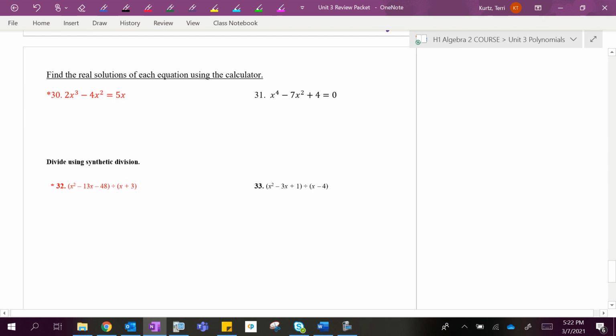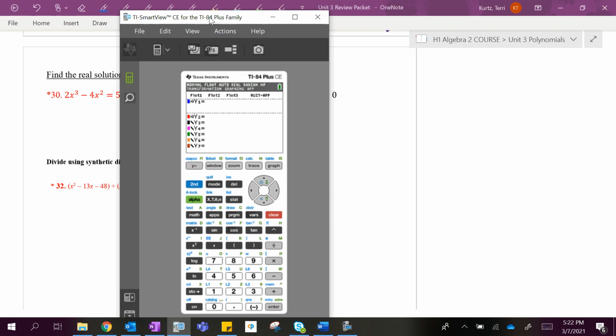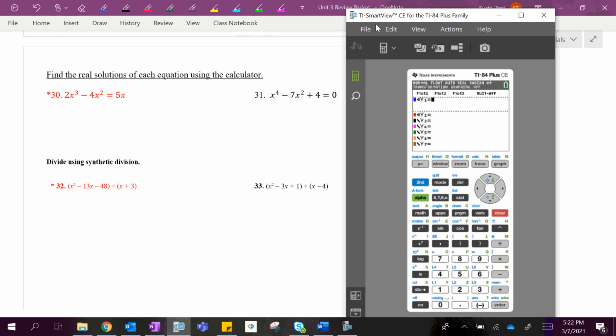Next one, find the real solutions of each using the calculator. So I'm going to pull up my calculator. I'm going to do this red one again. So I'm going to enter that. 2x to the third minus 4x squared.